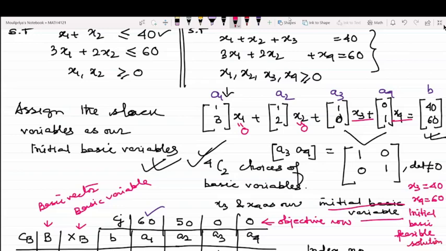Because feasibility here implies non-negativeness. They are initial because that is our initial assumption. Basic because the determinant value is not equal to 0. Feasible because the solutions are non-negative. Am I clear with this?